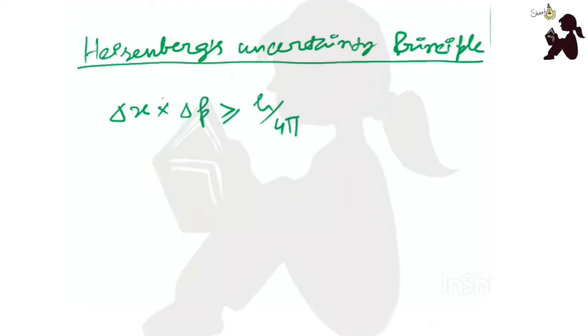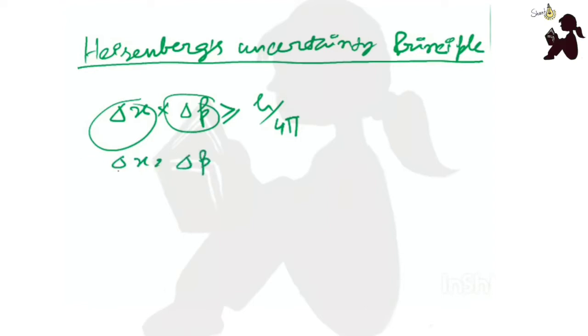Now in NEET, they will give you the value of the uncertainty in position and the uncertainty in momentum, and they will tell you to deduce something from it. So there's a specific question that comes from it.